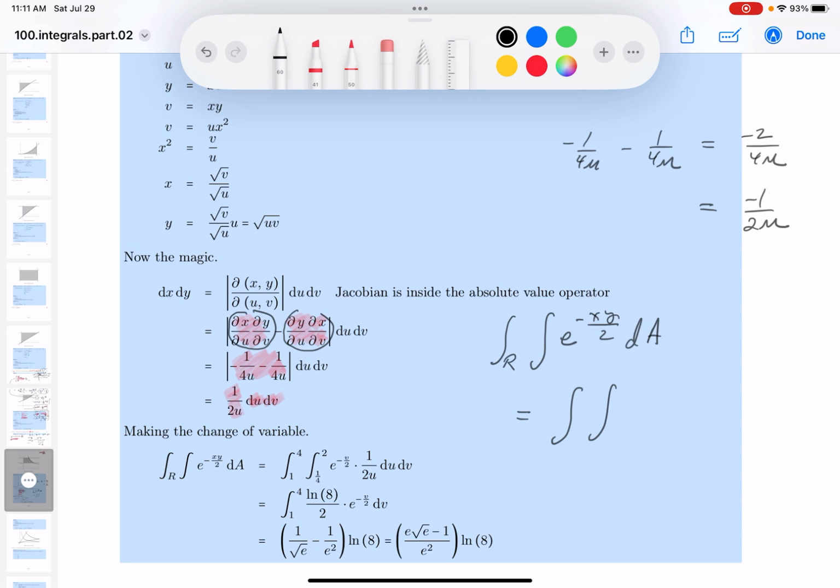All right? And I got to put the dA down, and it's going to be 1 over 2u. So I'm putting this down over here. It's this thing right over here. So 1 over 2u du dv. All right.